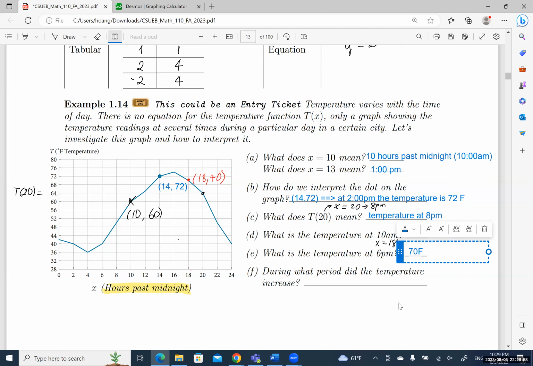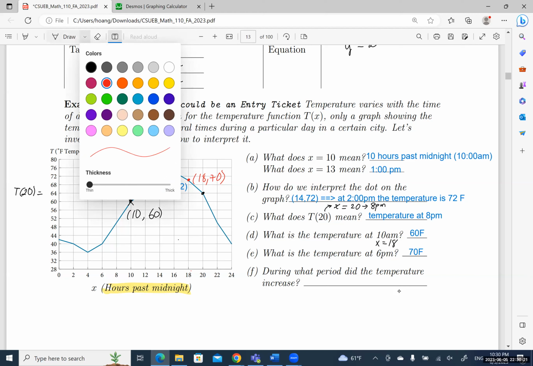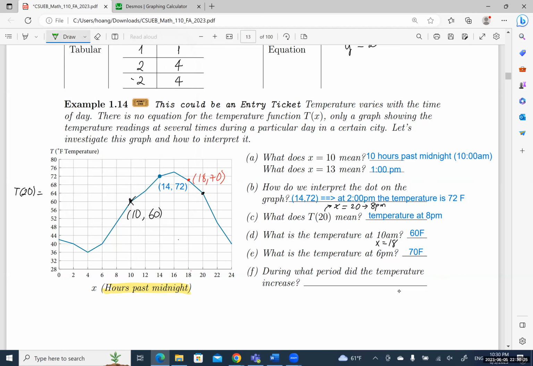So, during what period did the temperature increase? If you look at the graph, right, when it's increasing, maybe you see the green one here. From here to here, it's increasing.